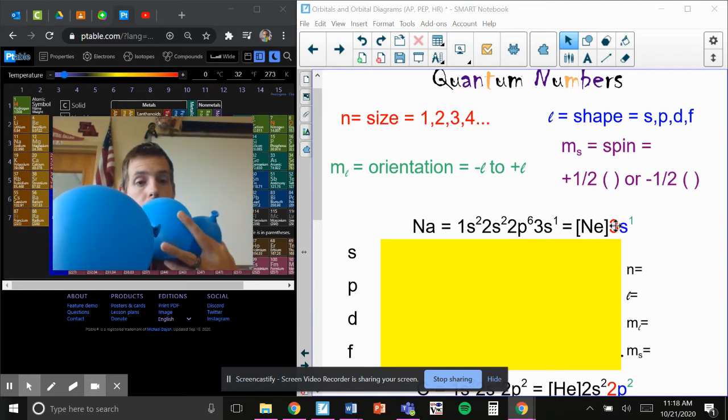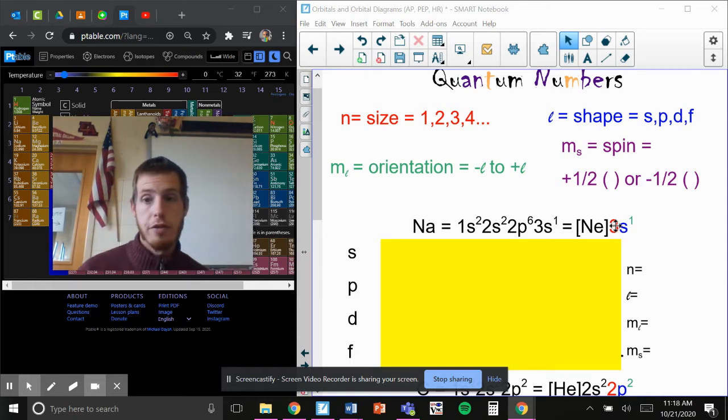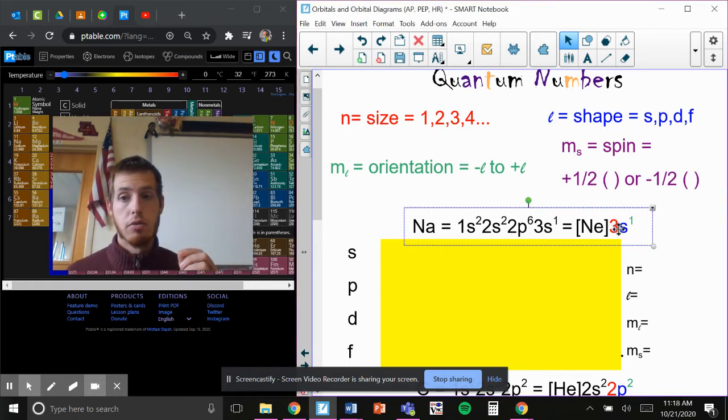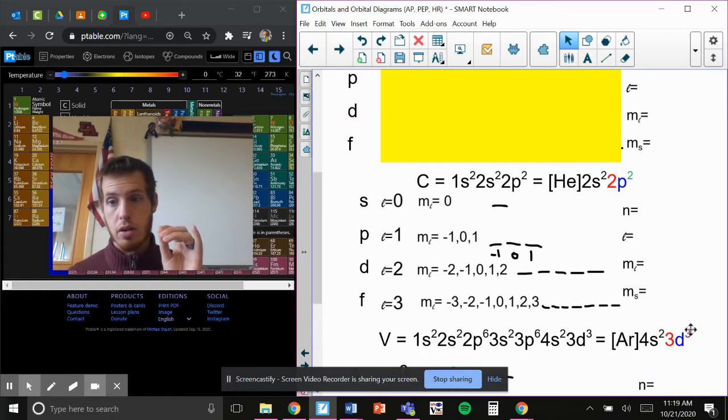So like 1s, 2s, and 3s. That number comes strictly from the first number that we care about, specifically at the end. This is completely about that last electron.